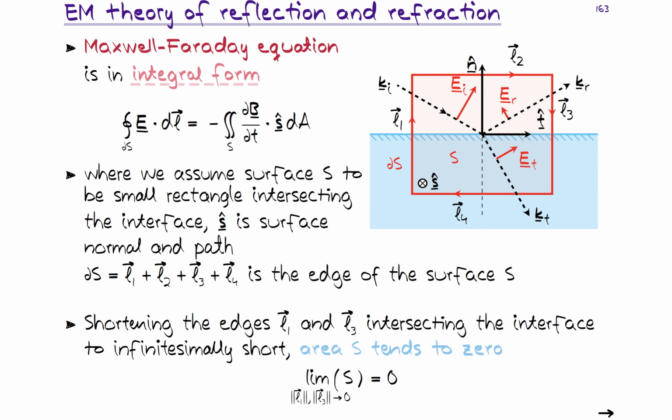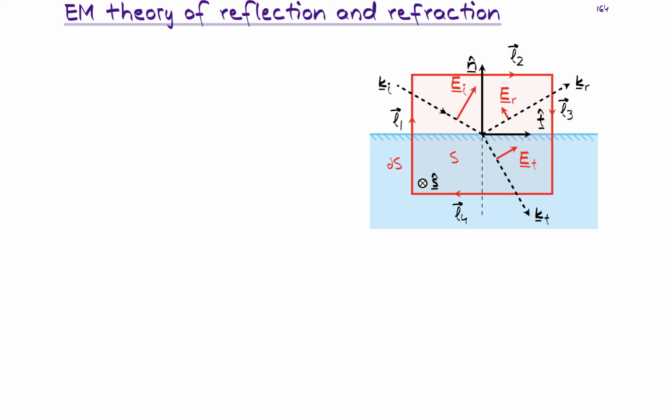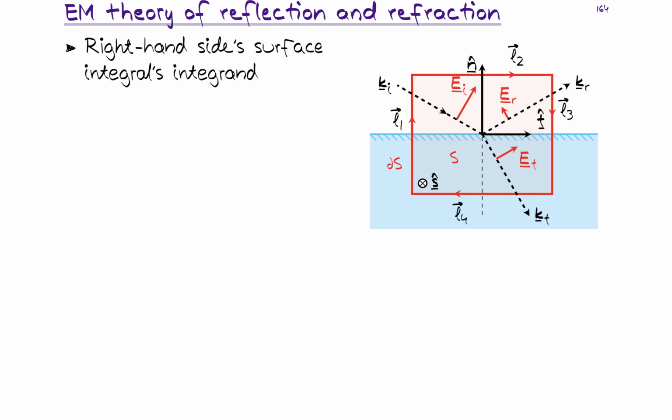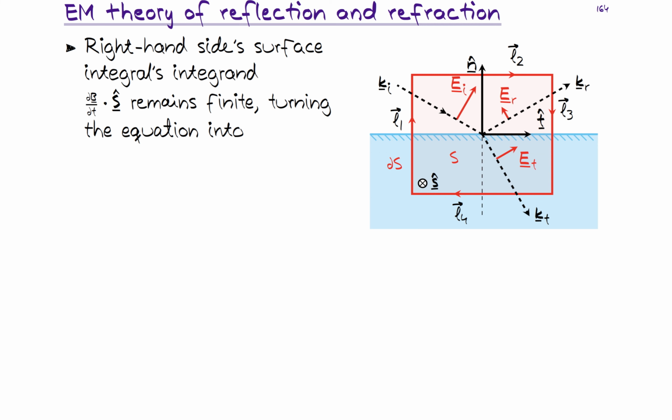And this is nice because that gives us a tool to look into the integral that we wrote down on the previous slide. So the right-hand side is the surface integral's integrand. The integrand would of course be what was inside the integral, the partial time derivative of the B field times the dot product with S hat, the surface normal, and this remains finite. Then this turns the equation into a case where the line integral of E is 0.